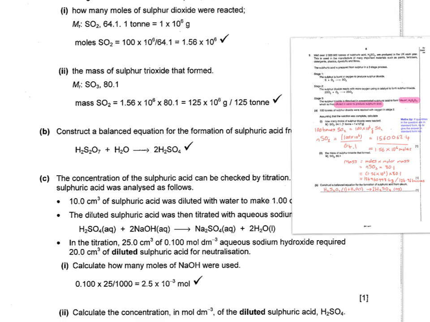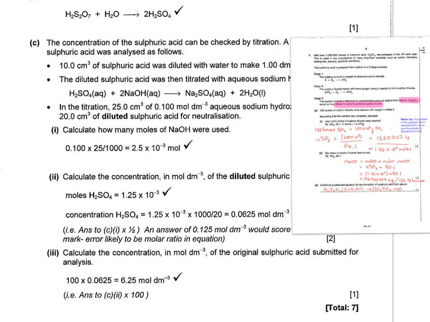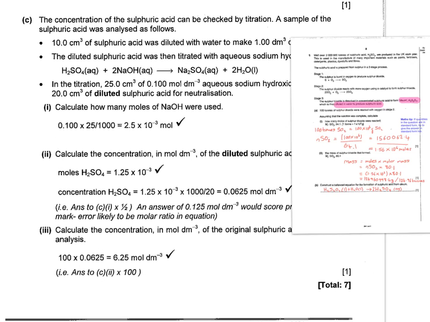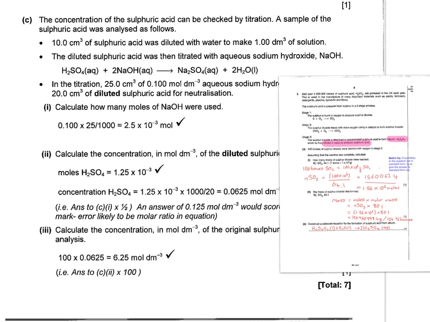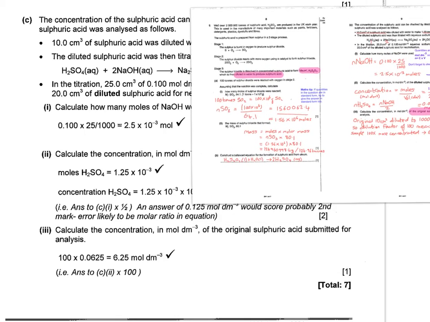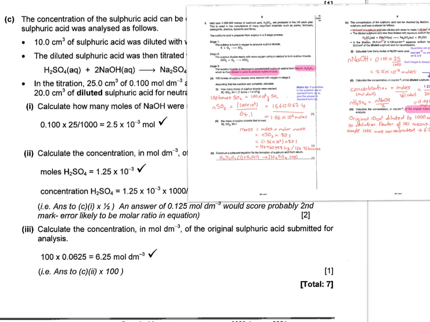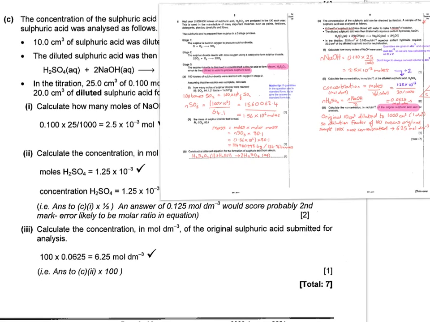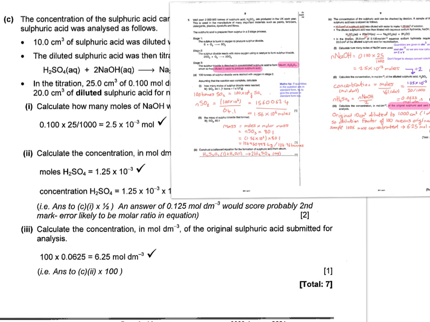So if I bring the page down to have a look at the second part, I'm going to move it over like that. So we got 2.5 times 10 to the minus 3.